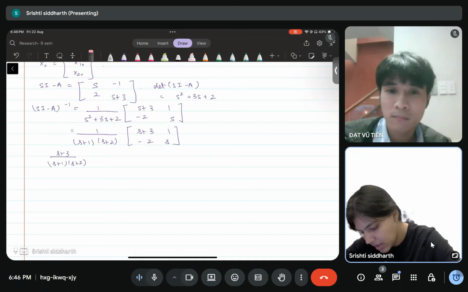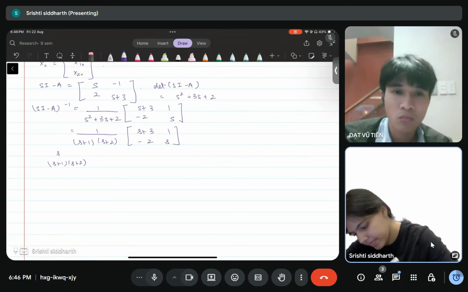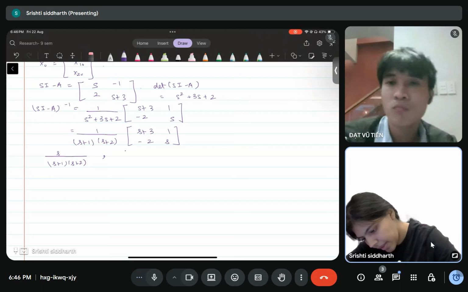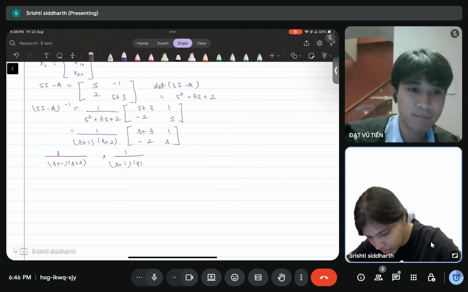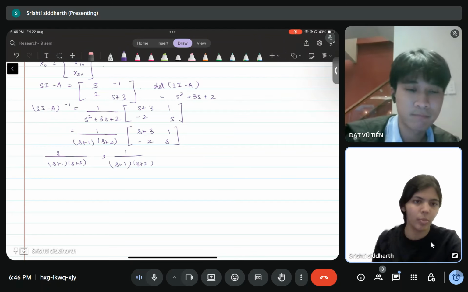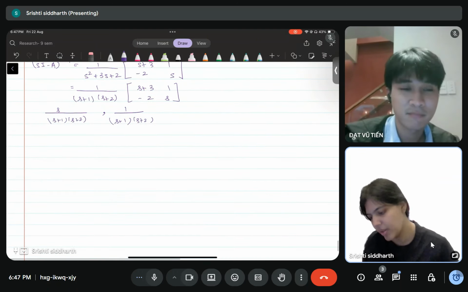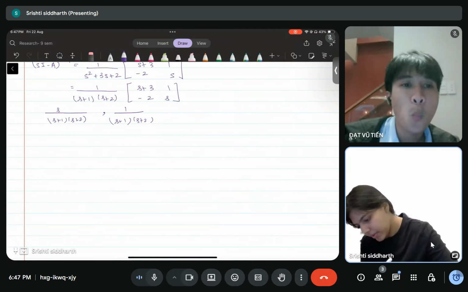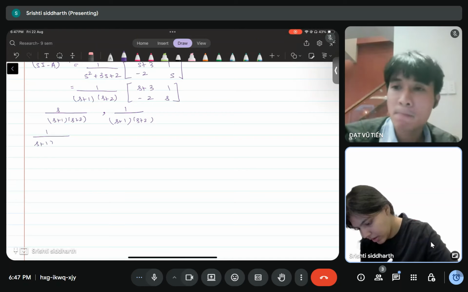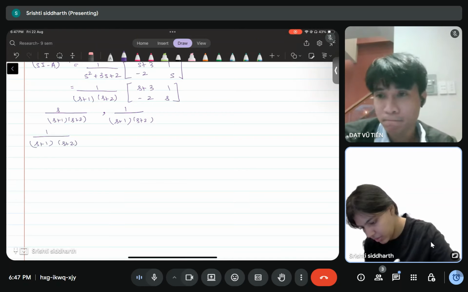or just s. Sorry, this is, and then 1 over s plus 1, s plus 2. All the other elements are combinations of this one. Okay, so let's do this quickly. 1 over s plus 1, s plus 2.